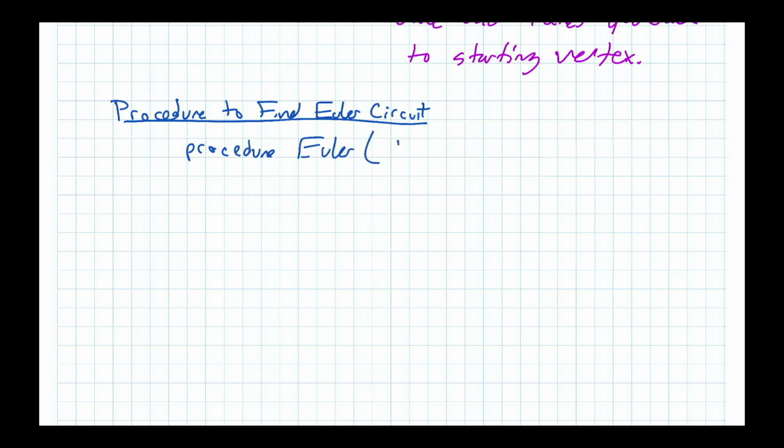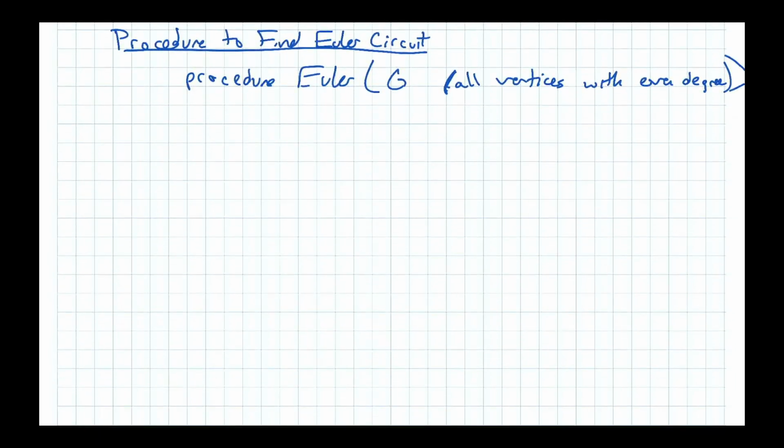You give it a graph G, in which all vertices must have even degree, because that's necessary for this to have a solution, right? So you can't just give it any graph or it'll fail.